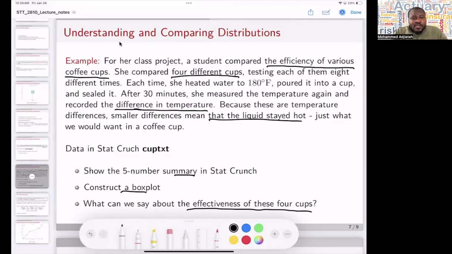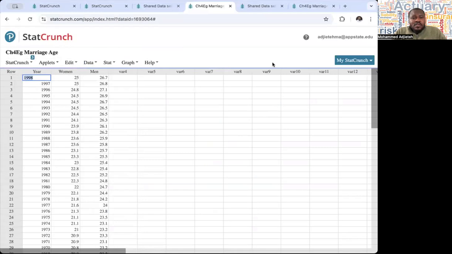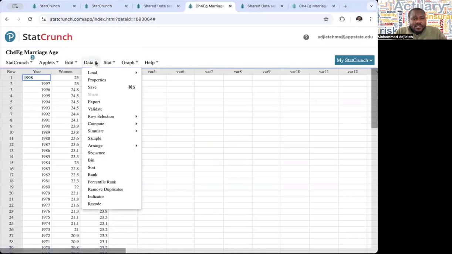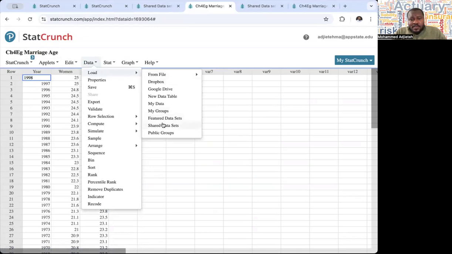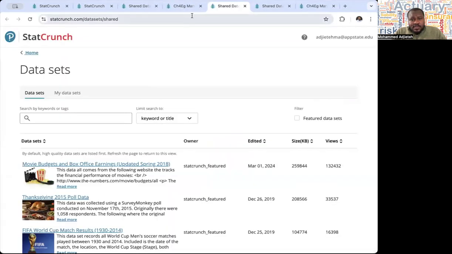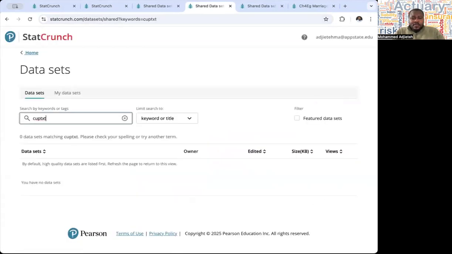Let's get to StatCrunch. There we go. This time around, let's load a different data set. So let's go to load, and then let's go to share data set. And then let's type in cap txt.